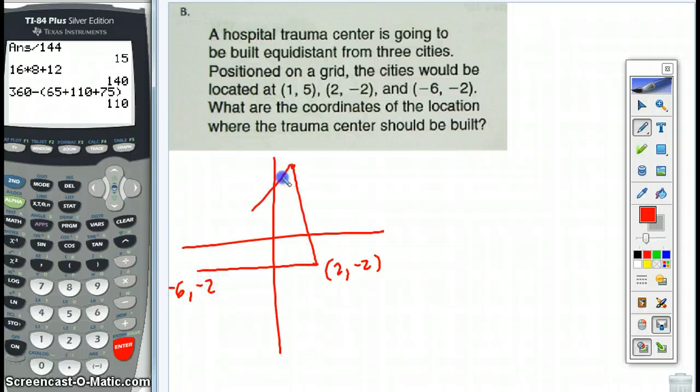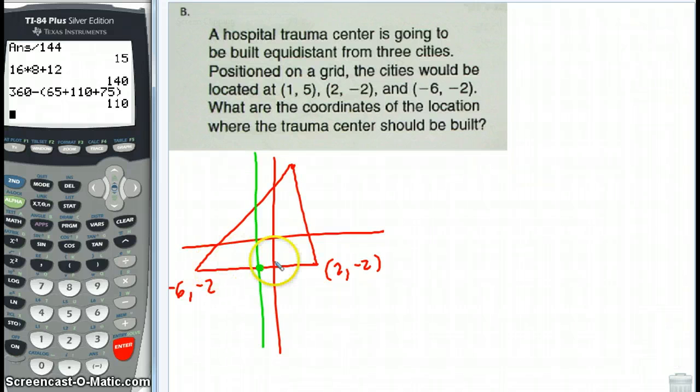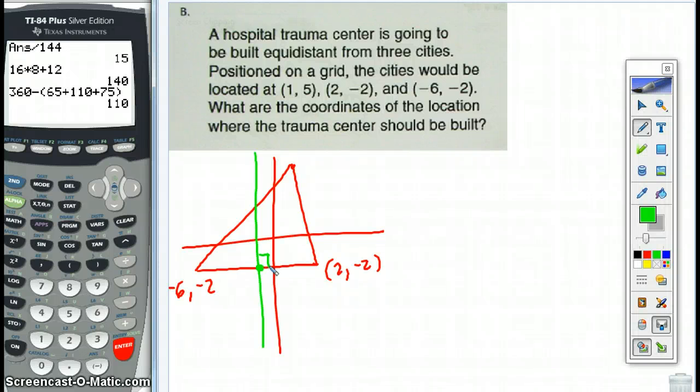You can see in this triangle, like the other day, we talked about it, the perpendicular bisector is going to go through that midpoint there. And since this is a horizontal line, I can quickly get that point, and the midpoint halfway between -6 and 2 is -2, -2.